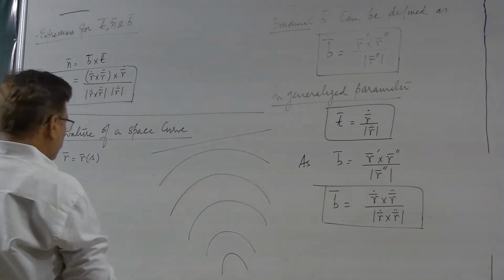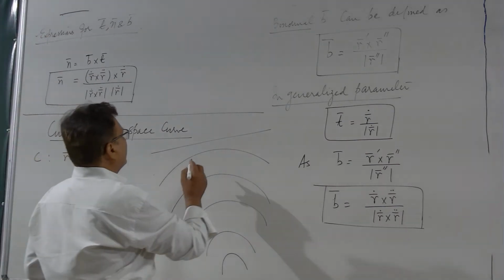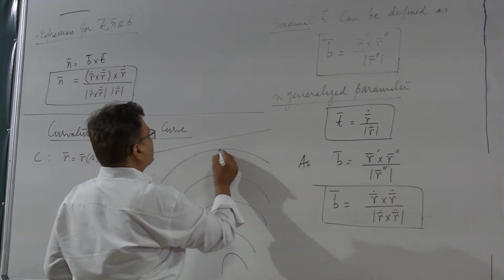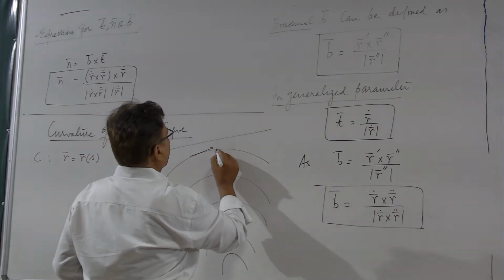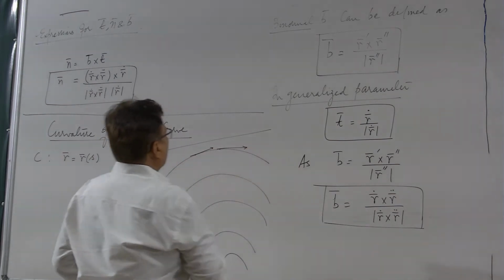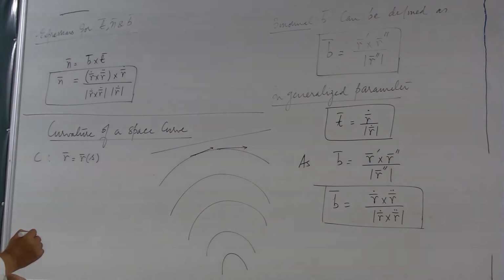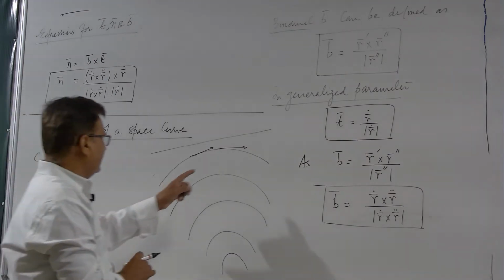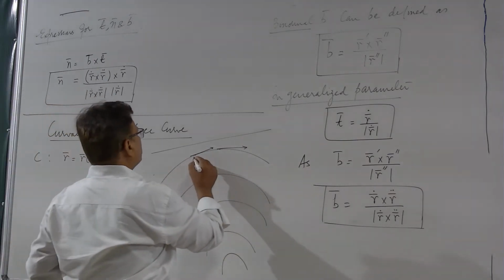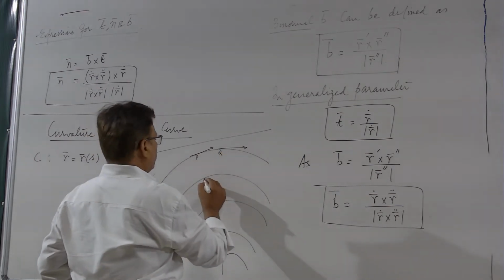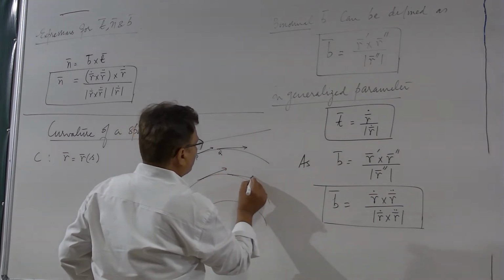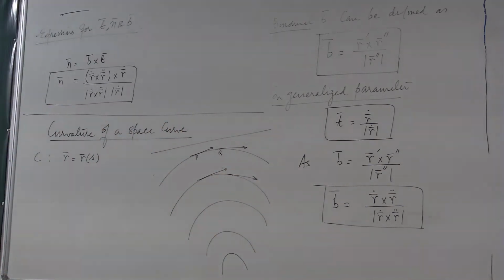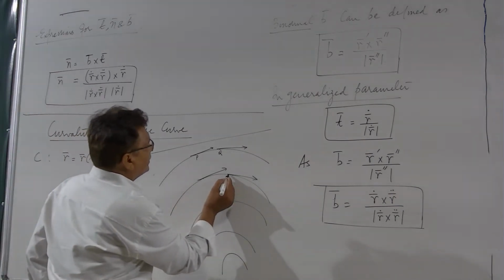If I take two neighboring points on the first curve, the tangent here and the tangent here have almost the same direction, except for a slight deviation in the tangents at these two neighboring points P and Q. But over here the deviation in the tangent will be a little more. Look at the angle between these two tangents.